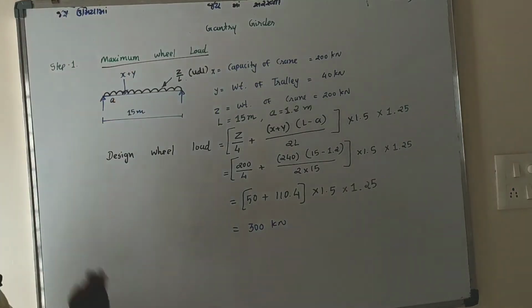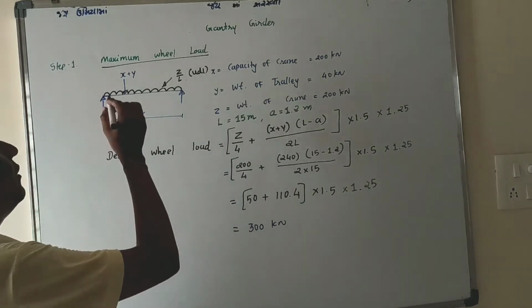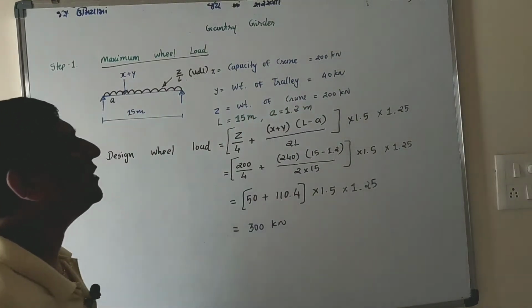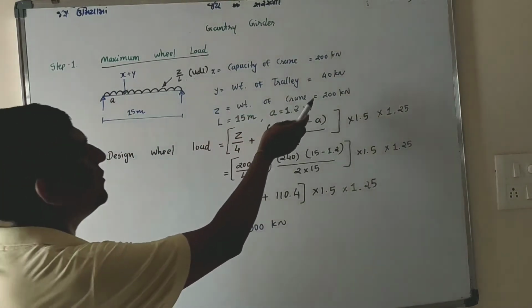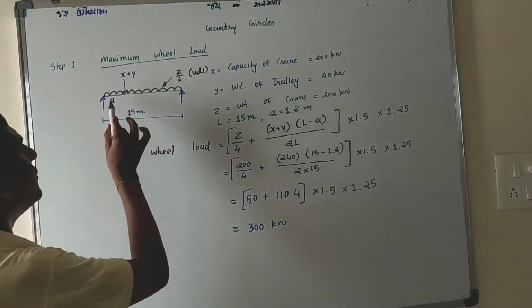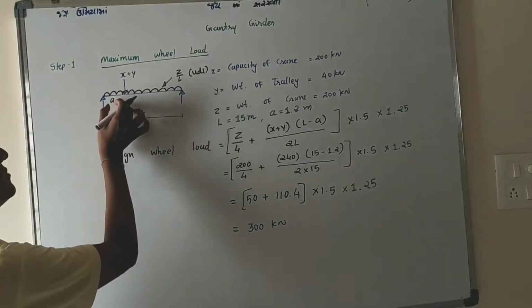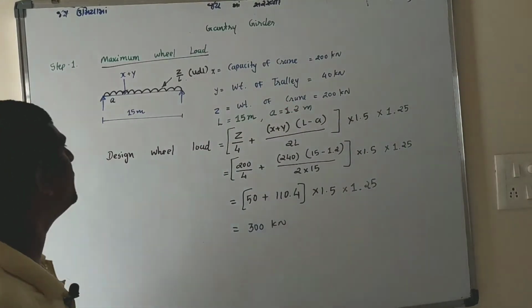The maximum wheel load, that is design wheel load, x and y is capacity of crane and weight of trolley respectively, that you have to put x plus y, that is 200 plus 40 at a distance, where a is your edge distance, जो minimum hook distance आपको कहते हैं, that is 1.2 meter.